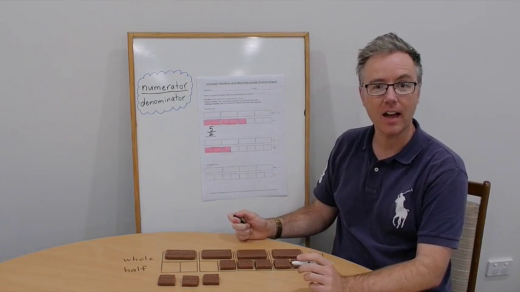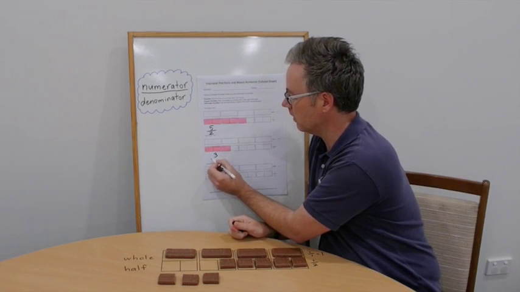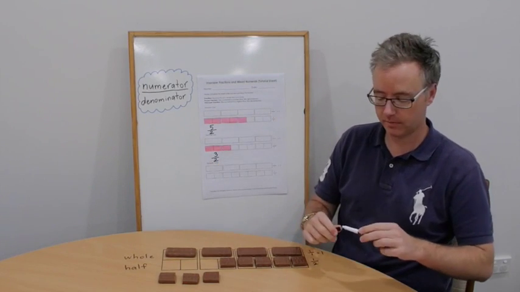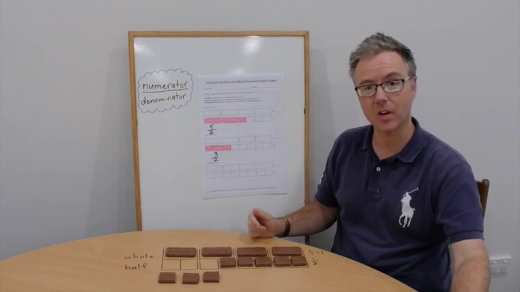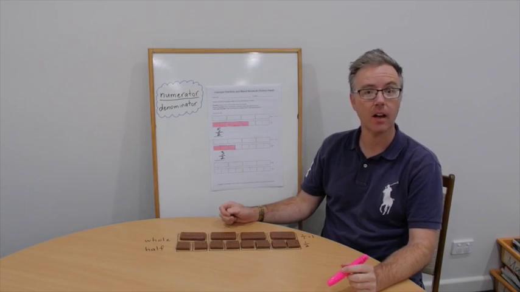Let's write that with 3 as the numerator and 2 as the denominator. 3 halves. Let's do another one. For example number 3, let's colour in with our highlighter 6 halves.